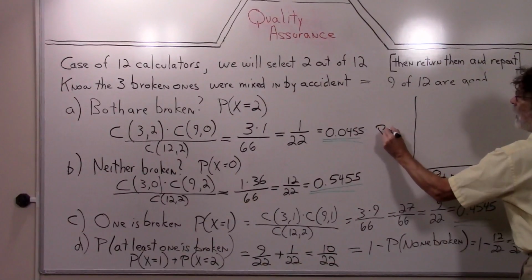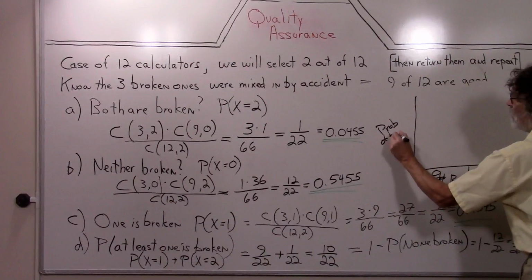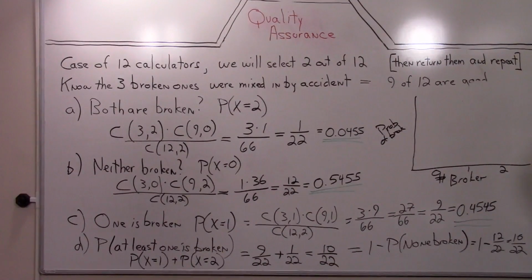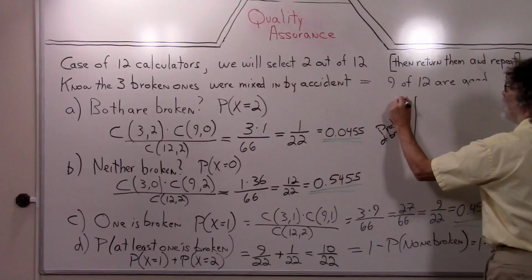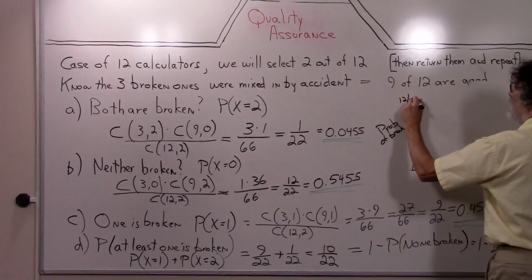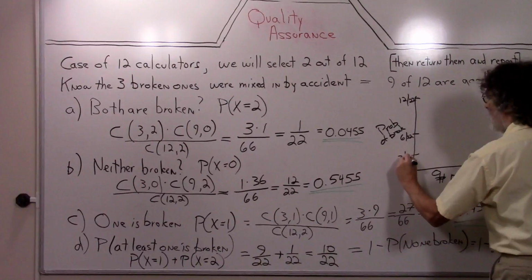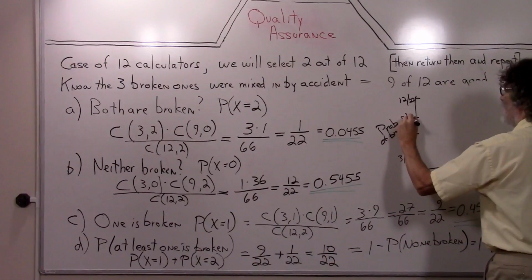And what is the probability of breakage? Well, okay, let's do that. How many is our biggest number here? It's right here, 12 out of 22. So let's put the 12 out of 22 up here. We'll make this 6 out of 22, 3 out of 22, and 9 out of 22.